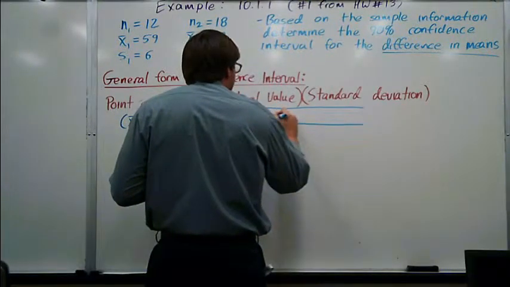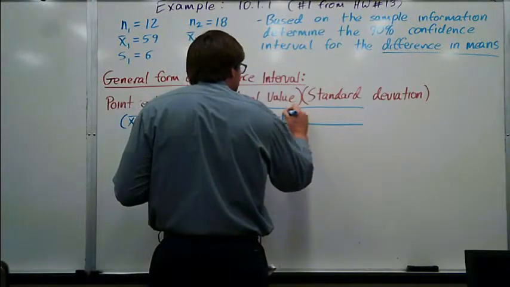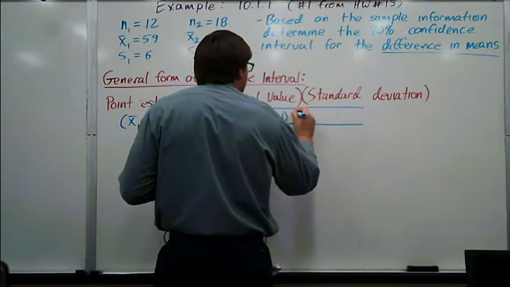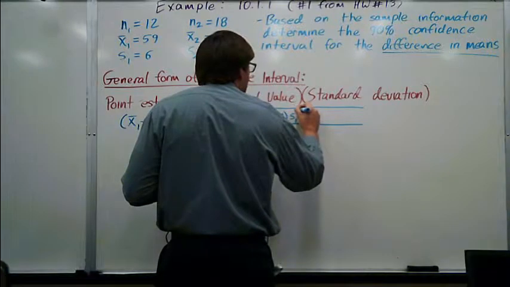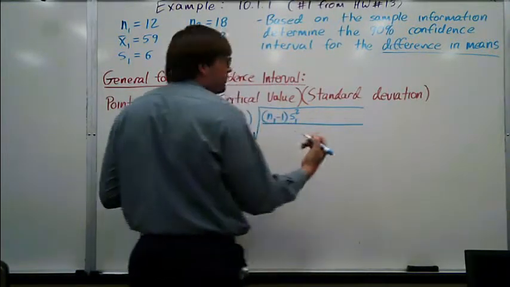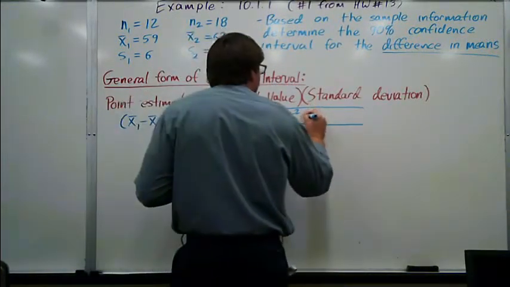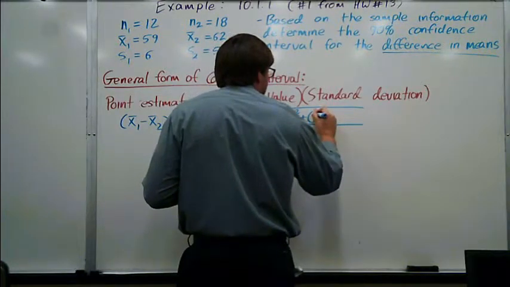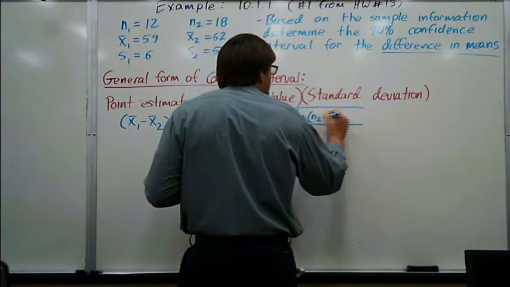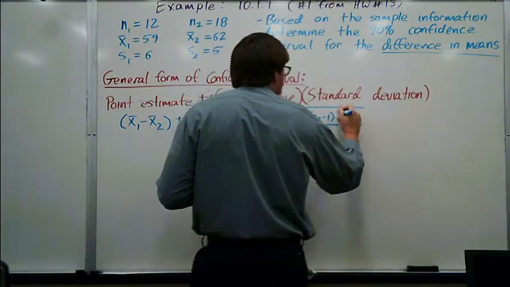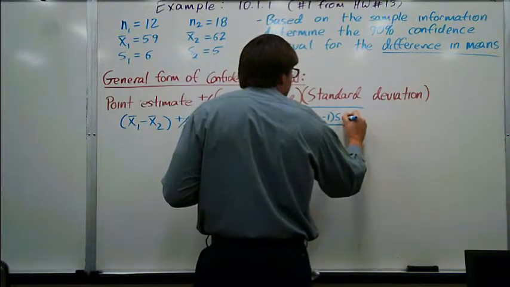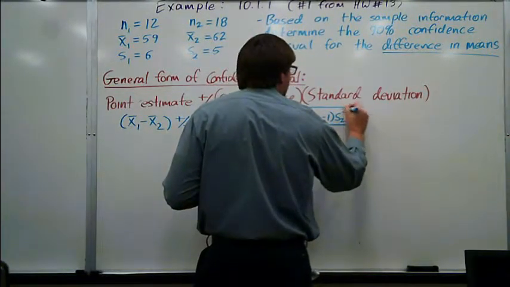So it's sample size 1, subtract 1, multiplied by sample standard deviation 1 squared, or the sample variance 1, plus the quantity sample size 2, subtract out 1, multiplied by the sample standard deviation 2 squared.